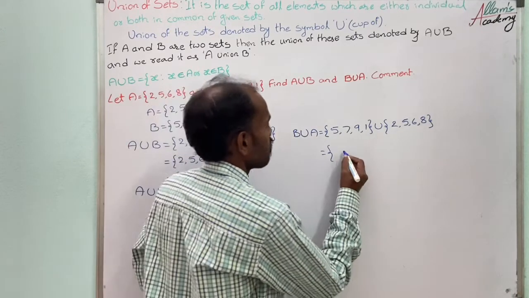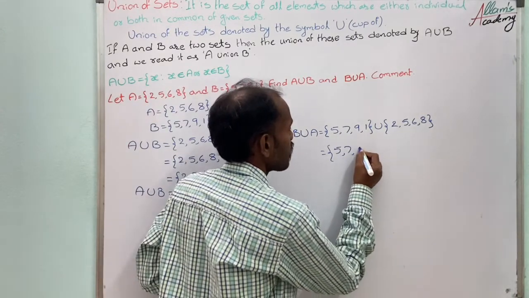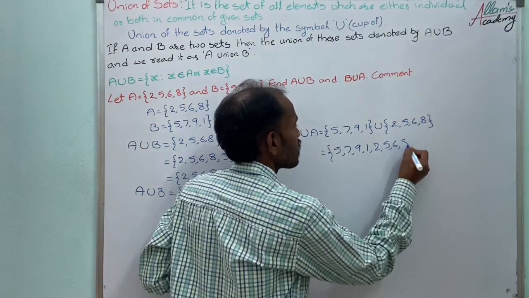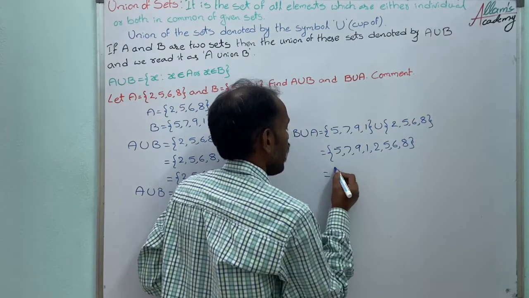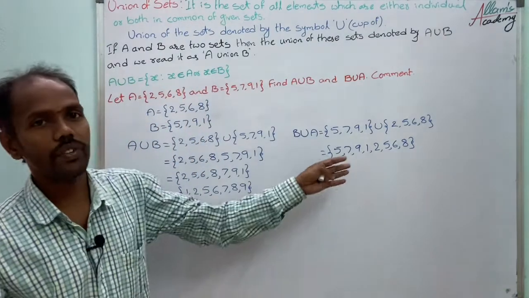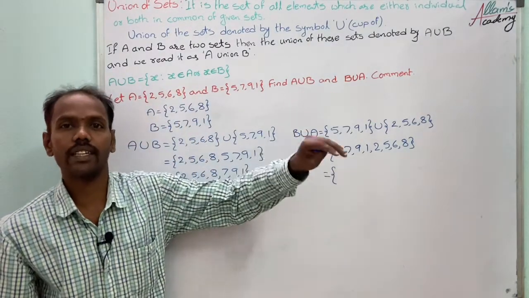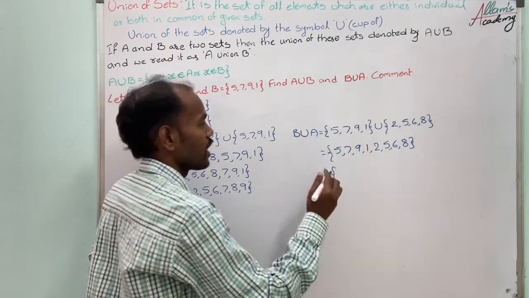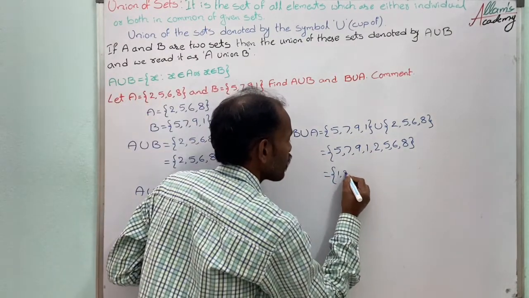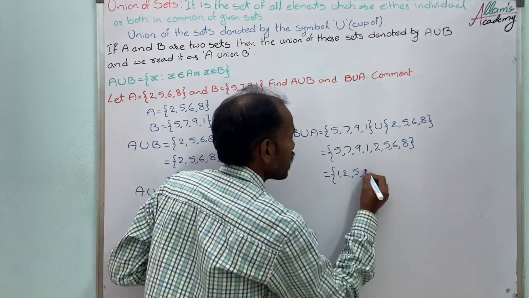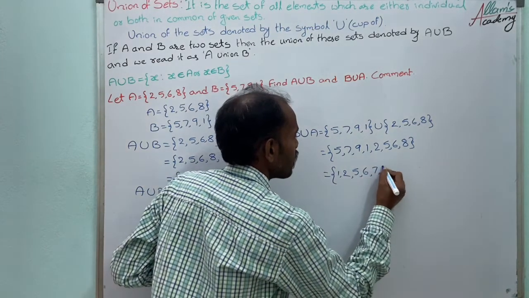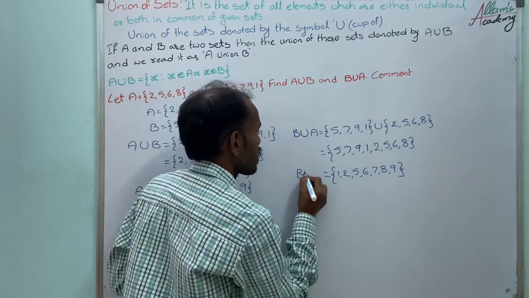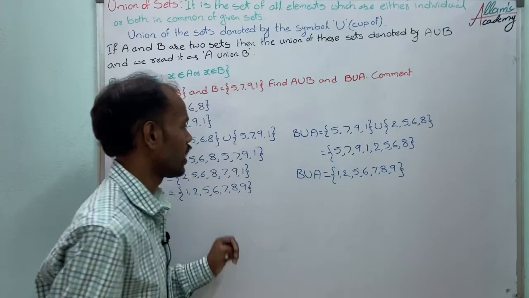So if we write it, we get 5, 7, 9, 1, 2, 5, 6, 8, and if any element is repeated we take it a single time. Writing all the elements in order: 1, 2, 5, 6, 7, 8, 9. That is the set B union A.